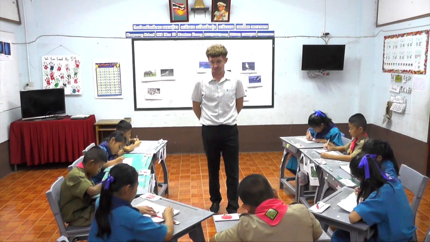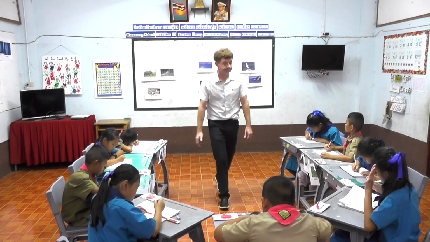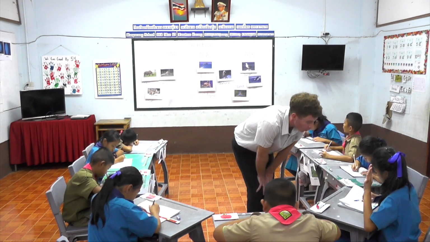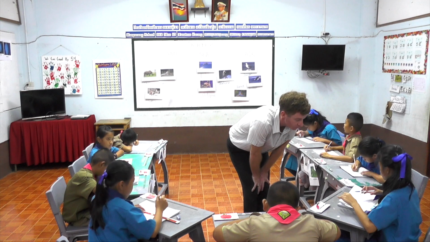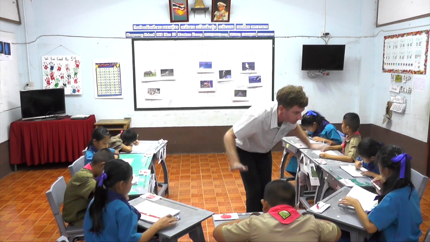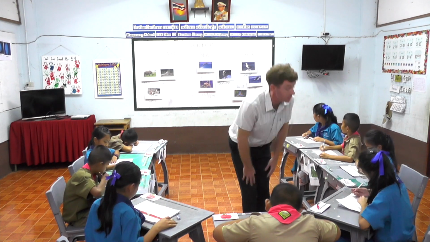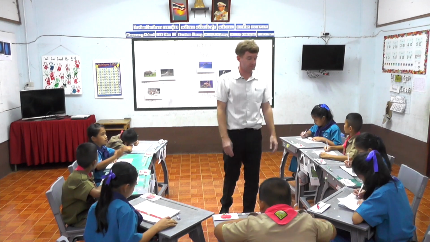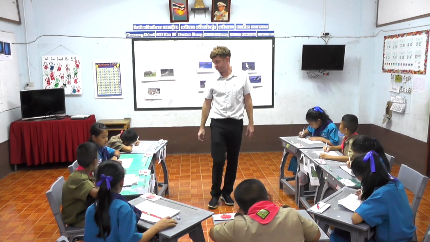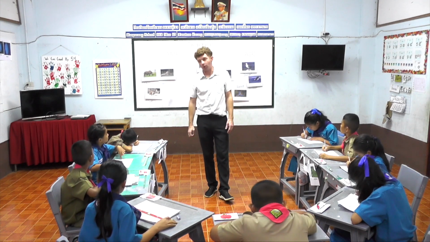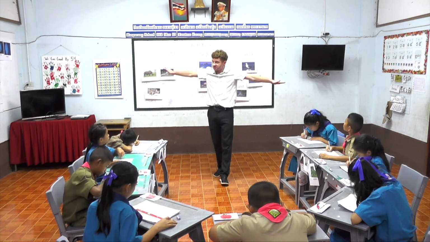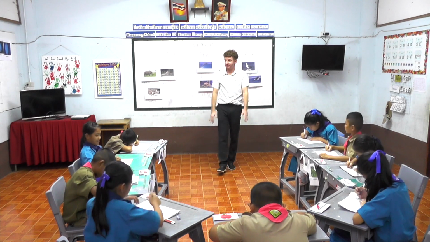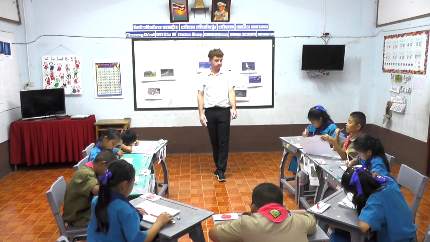Huge. Ostrich. What type of animal is an ostrich? It's a bird. Condor, no. Condor is the biggest bird on the planet. It lives in the air.